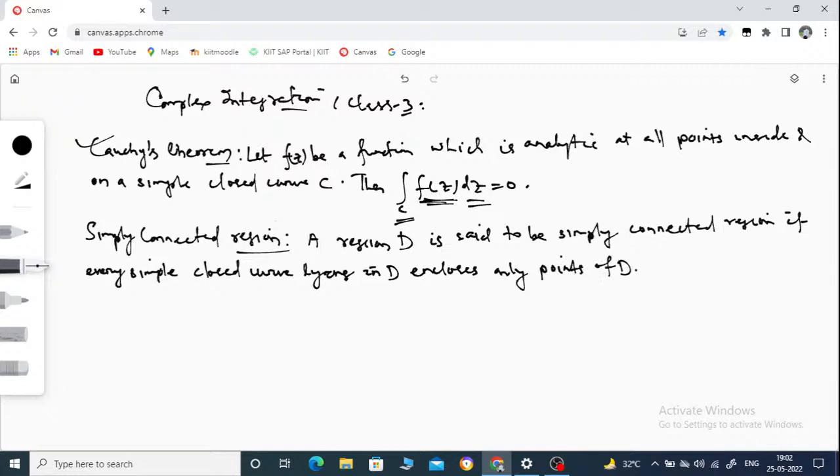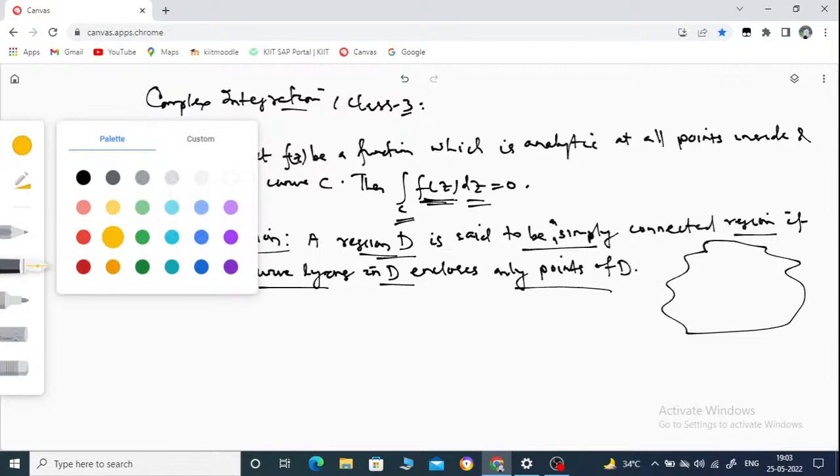So what we understood from this statement is that a region D is said to be a simply connected region if every simple closed curve lying in D encloses only the points of D. Suppose this is a region enclosing all these points.